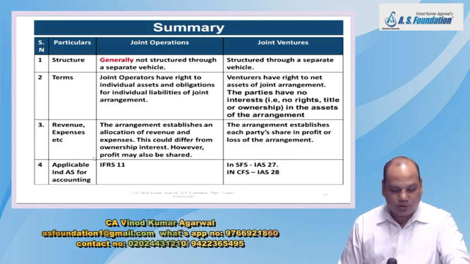First column write particular. Second column write joint operation. Third column write joint venture. Now write down structure. Generally not structured through a separate vehicle.